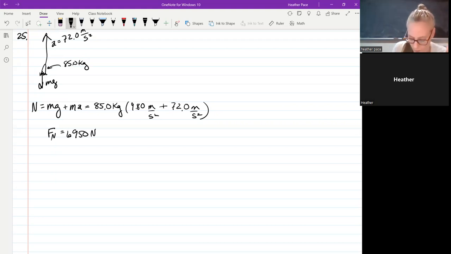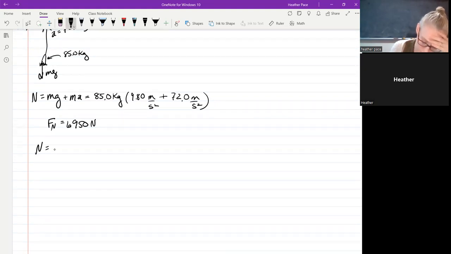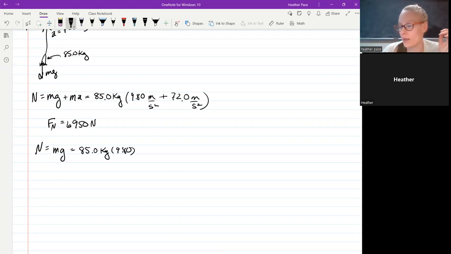If you plug that into your calculator, we get the normal force is 6950 newtons. Now, just to quickly look at what that means: the normal force of the ground pushing up on my feet if I weighed 85 kilograms and I'm not accelerating, it's going to be 85 times 9.8, which is 833.